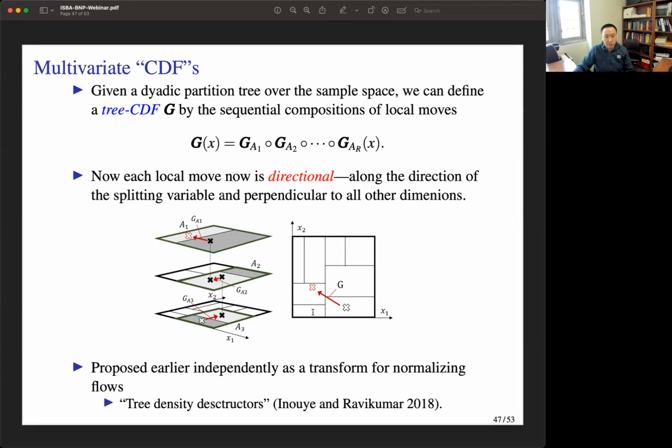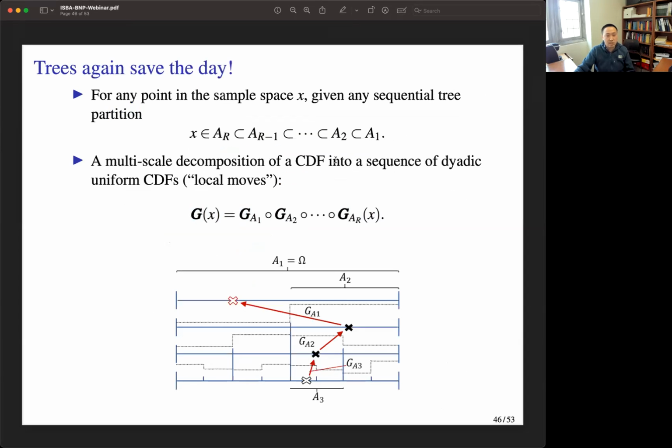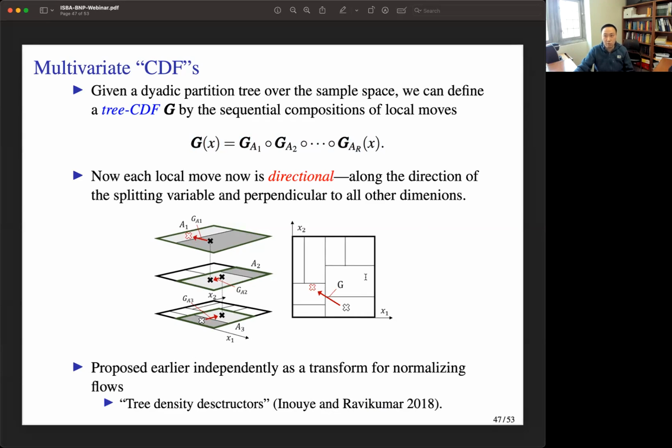So you can apply your sequence of compositions at each tree split according to the direction of that split, to transform the data as if it's a one-dimensional density whose gradient is only in that direction. You can indeed prove that you can come up with a similar notion of multivariate CDF that generalizes the one-dimensional CDF, with all the group structures that we wanted.